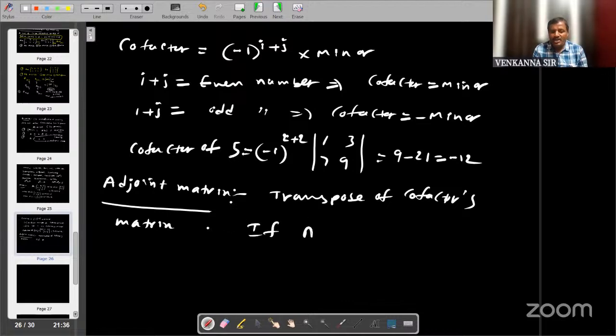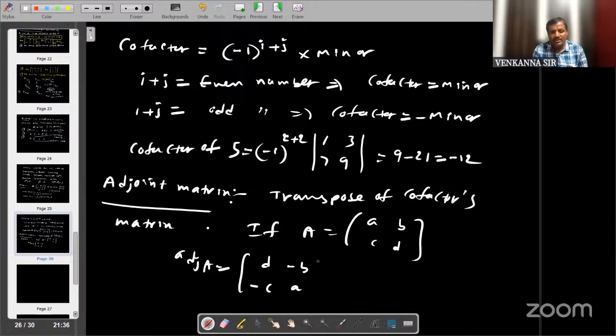See, if A is equal to [a b; c d], adjoint A, this is also a very interesting formula. Adjoint A is equal to [d, minus b; minus c, a]. That is the adjoint formula.